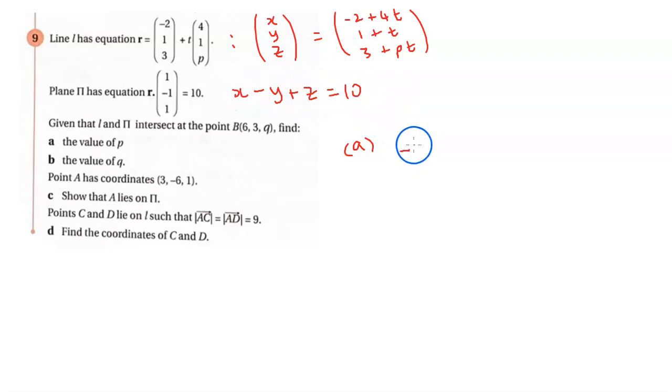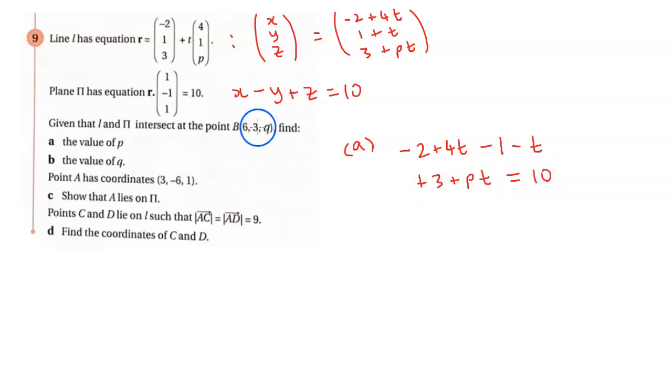So we have -2 + 4t, minus (1 + t), so minus 1 minus t, and then plus 3 + pt. So that should equal 10.